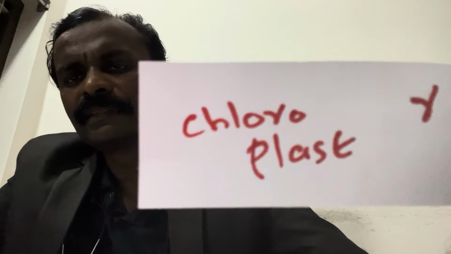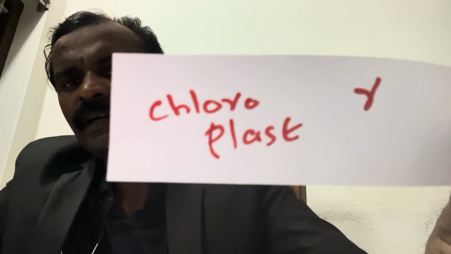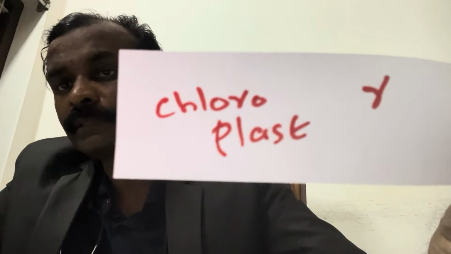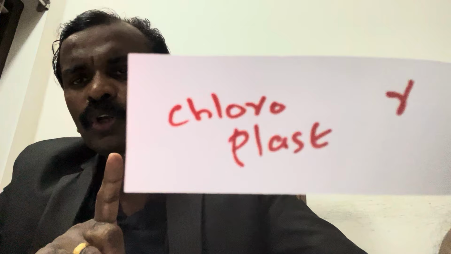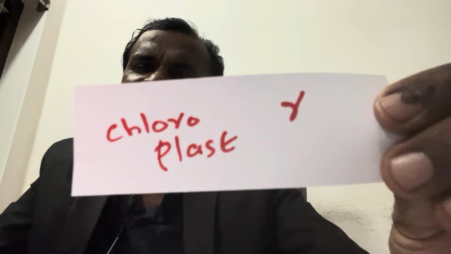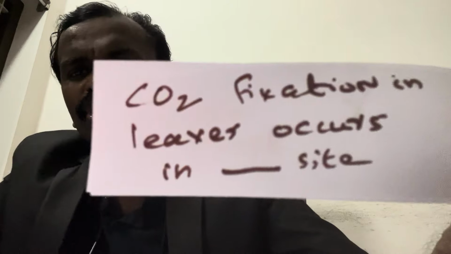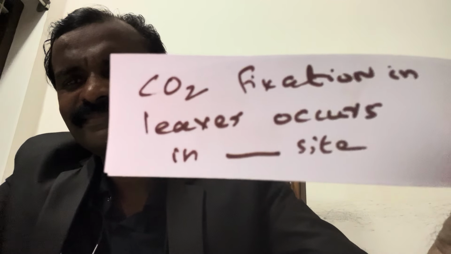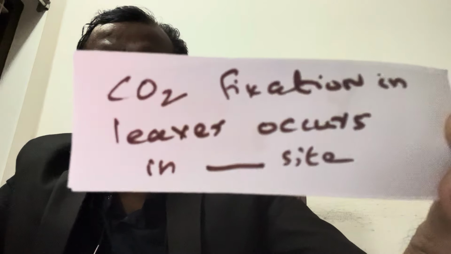The answer is chloroplast only. R is the keyword, not chromo. They will confuse you with chloroplast and chromoplast. Chloroplast only. Don't forget the question. You will forget the question. Read the question once more: carbon dioxide fixation in leaves occurs in which site?